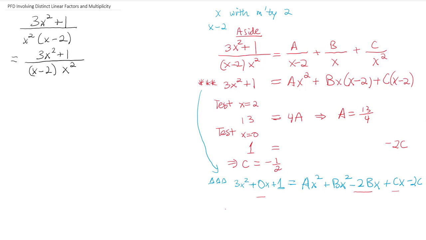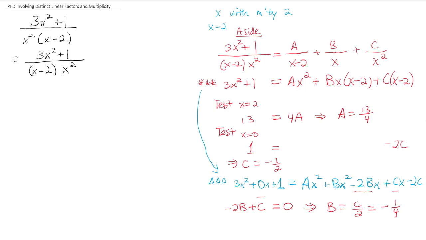That tells us that negative 2B plus C has to be equal to 0. So B is equal to C over 2. That means B has got to be equal to negative 1/4.